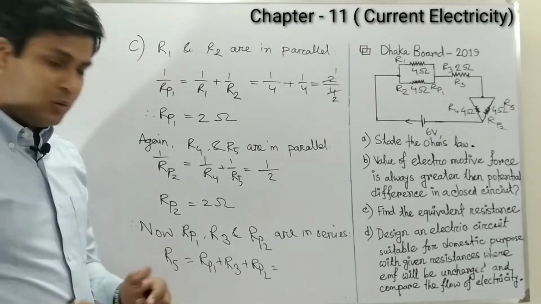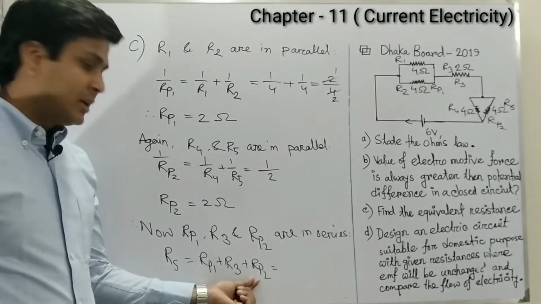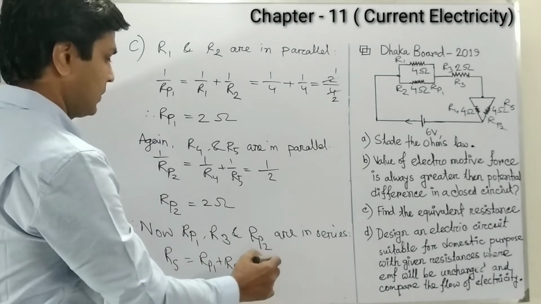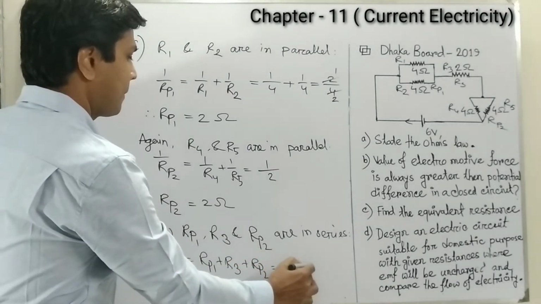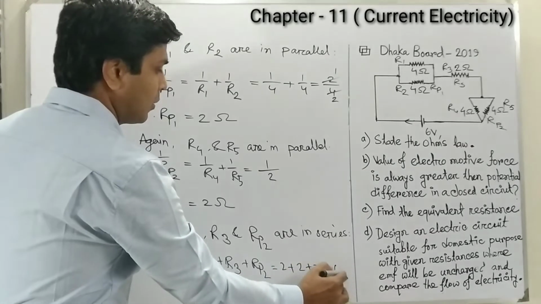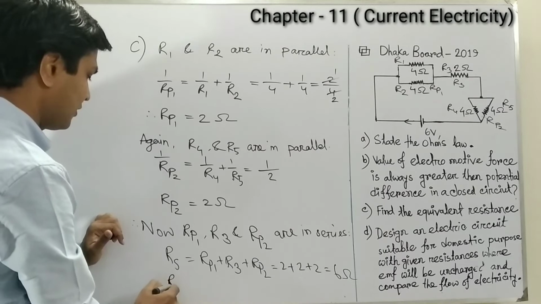After putting the values of Rp1, R3 and Rp2, we will get RS equal to 6 ohm. That is the equivalent resistance of the circuit.